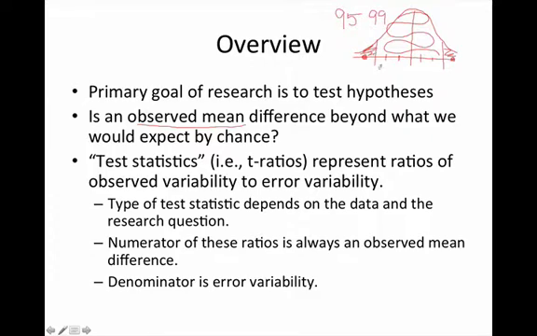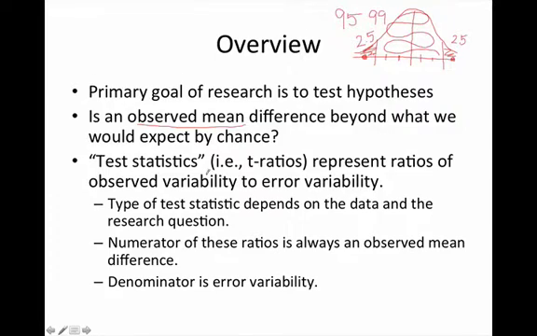So if I have a 95% confidence interval, for example, I'm going to put 2.5% at the top and 2.5% at the bottom. And then my task is to say, is my observed mean in this area? And to the extent that it is, then we're concluding beyond chance levels that this is different.